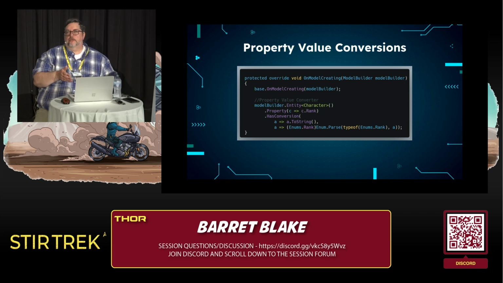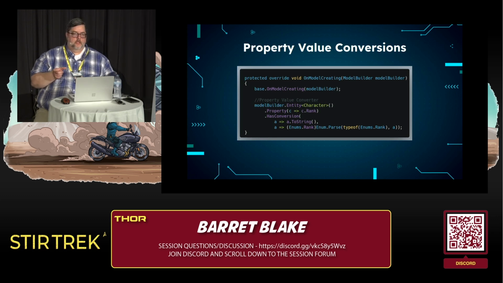With property value conversion, instead you could save that as a string: captain, commander, sergeant, so that you don't have to remember that conversion in your head or go back and look it up. What you use is this HasConversion fluent syntax in your entity model, in your entity builder. And you pass in basically two lambda functions.